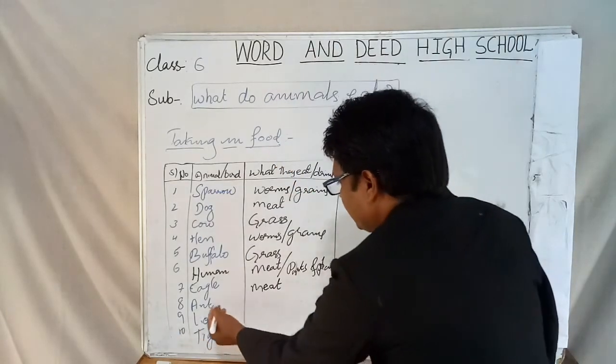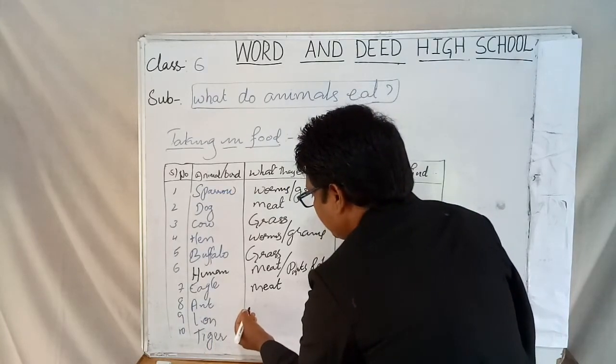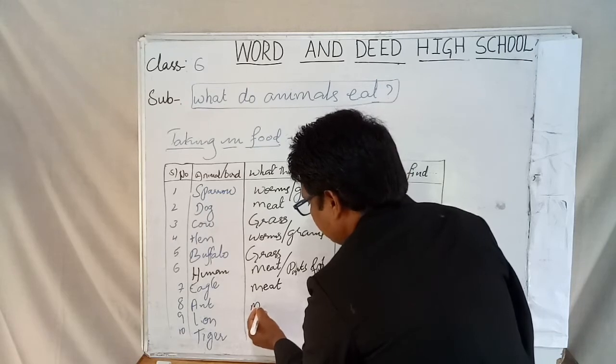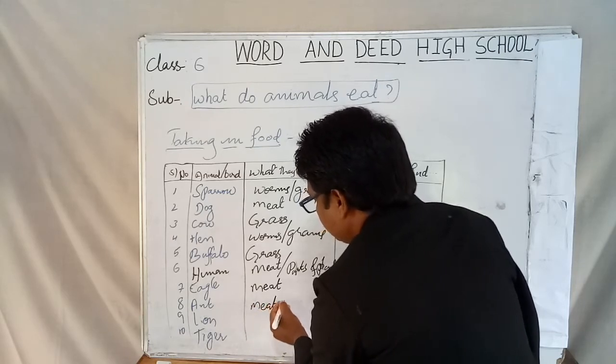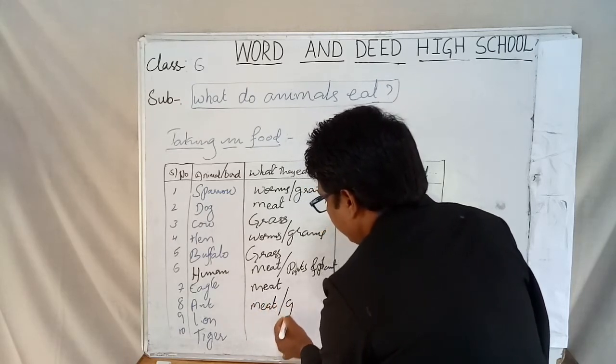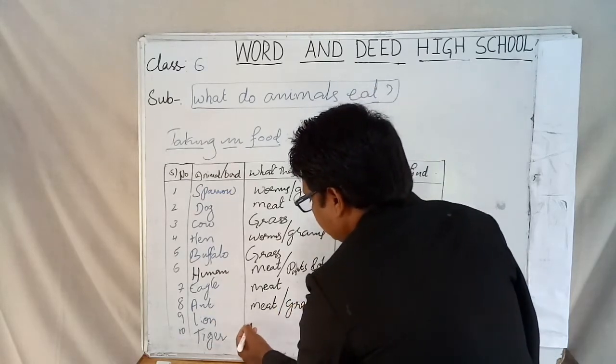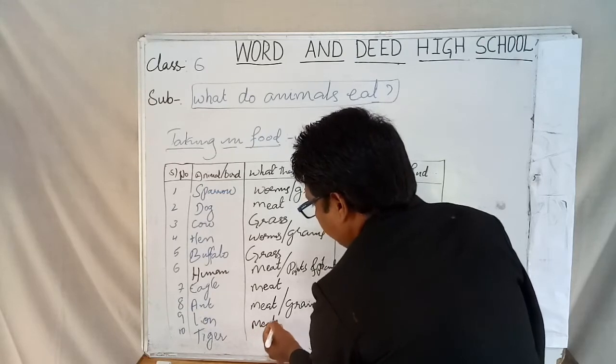So we can say that ants eat meat and dead meat, and grains, you can say. And lion eats only meat.